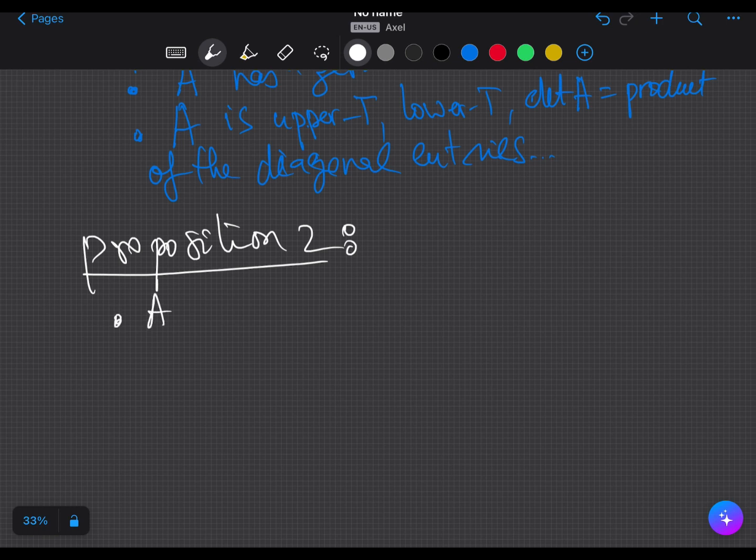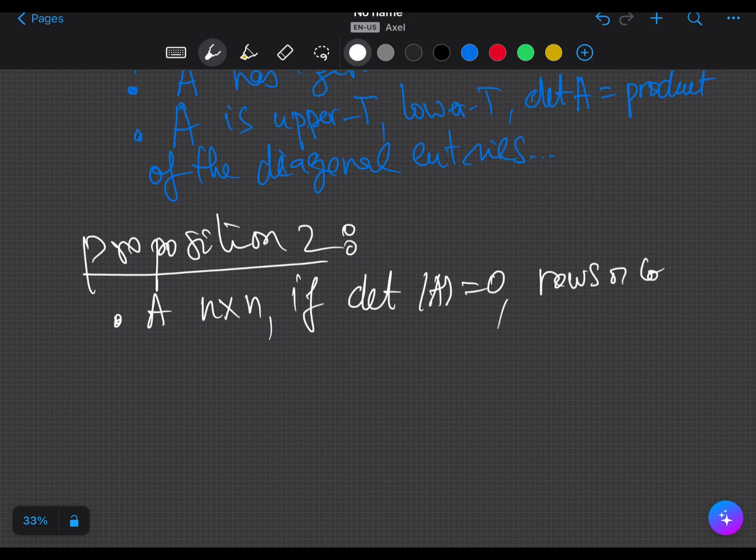If A is a square n times n matrix and the determinant of A is 0, then the rows or the columns of A are linearly dependent.